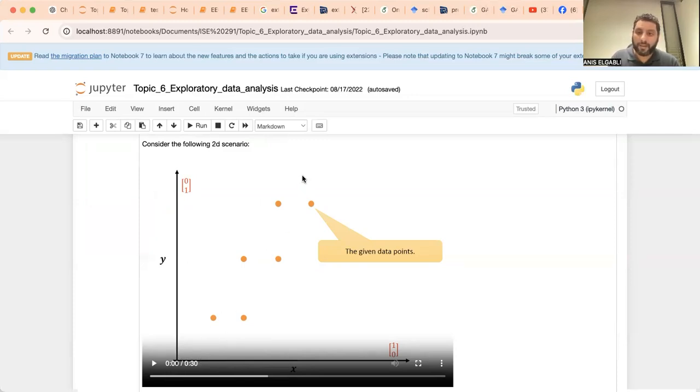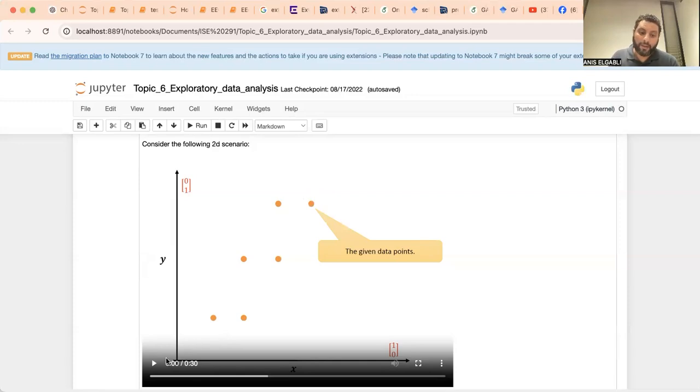Deciding the coordinate is very important here. You want the coordinate that doesn't reduce the distance between the points that much. You want the one that maximizes the distance between these points after the projection. That's the one you will choose.